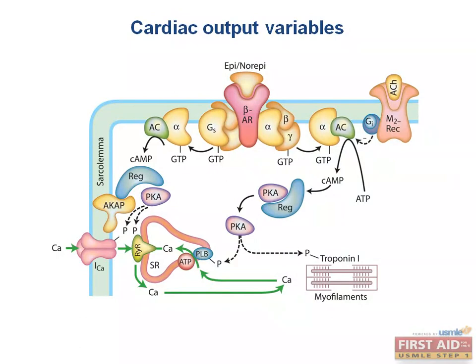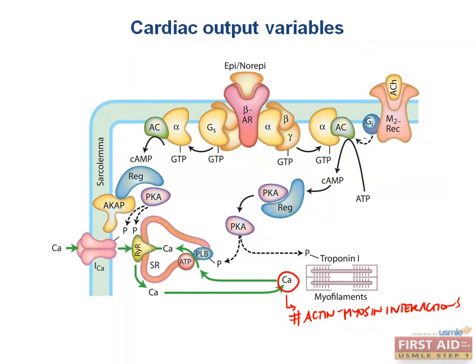So basically, the more calcium, the more actin-myosin interactions. The more sites you open up for those two to interact, the more contractile force you will have. So let's go through some things that can increase contractility, which you should automatically think is either an increase in intracellular calcium and the resultant increased myosin-actin interactions, or an increased stretch of that sarcomere.